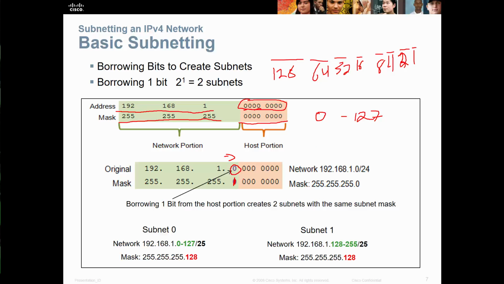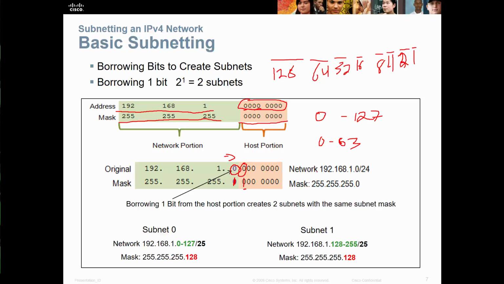If we borrow 2 bits, now looking at this guy right here, what position is this? 64. So that'll be between 0 and 63. So forth and so forth.